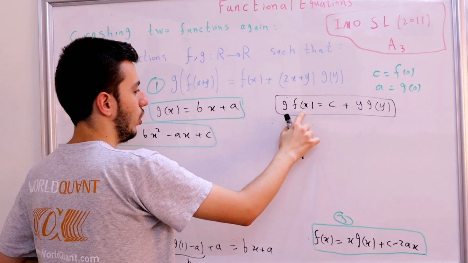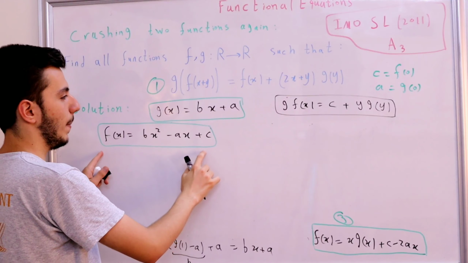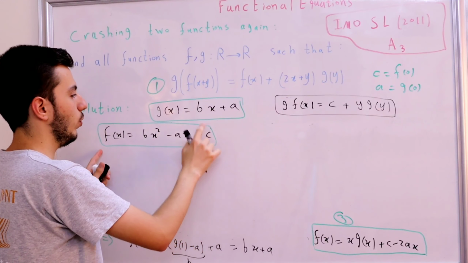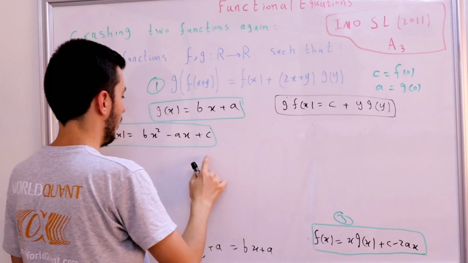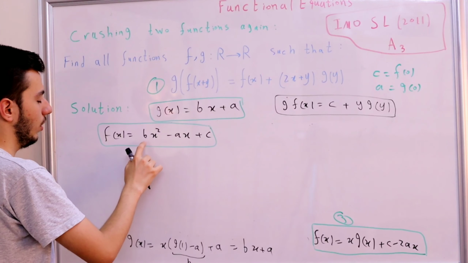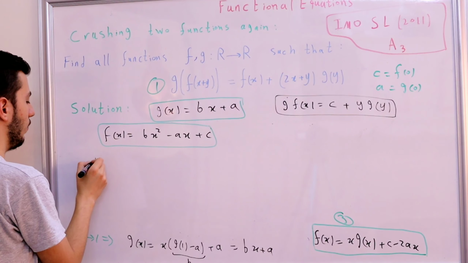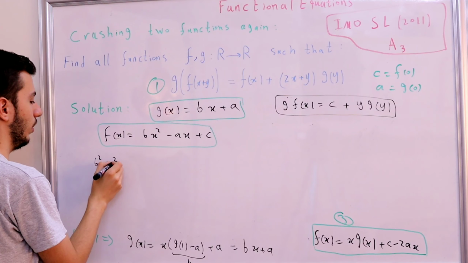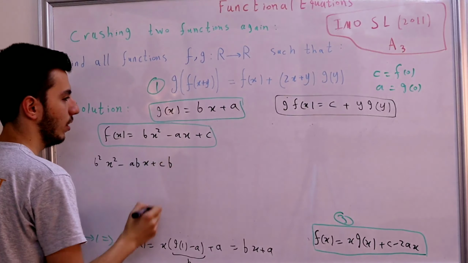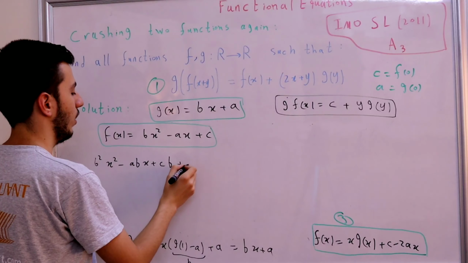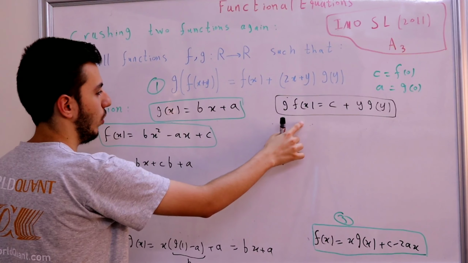So let's evaluate g(f(x)). Now f(x) is this, and to get g, we just need to multiply this by b and then add a. So let's multiply this by b. We will get b squared x squared minus abx plus cb. And now we just need to add a. This is the left-hand side, g(f(x)).